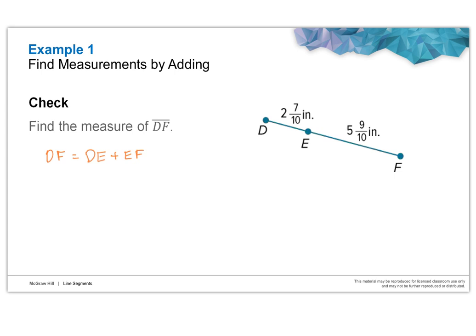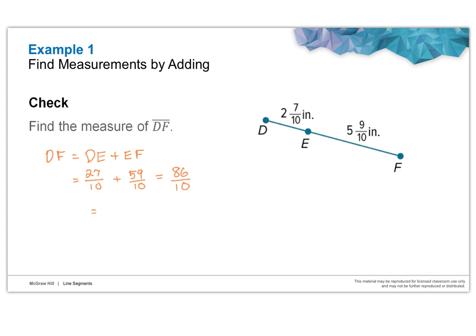Substituting in the values, we have 2 and 7/10, or I'm going to take DE and make that into 1 fraction of 27/10. And EF is going to be equal to 5 and 9/10, which becomes 59/10. And that altogether is 86/10.